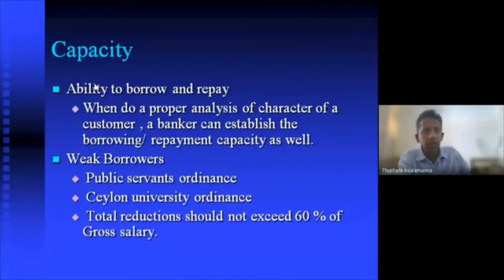You getting my point? So the capacity can be categorized into two. One is qualitative, the other one is quantitative. Quantitative means cash flow, the actual ability of the client to repay your debts, including capital and interest.